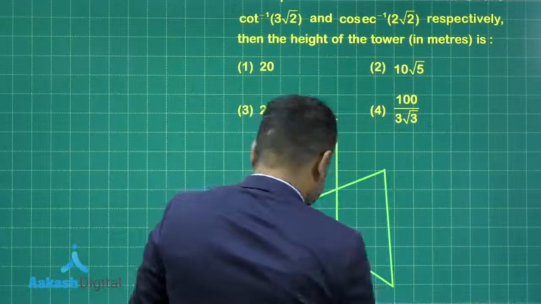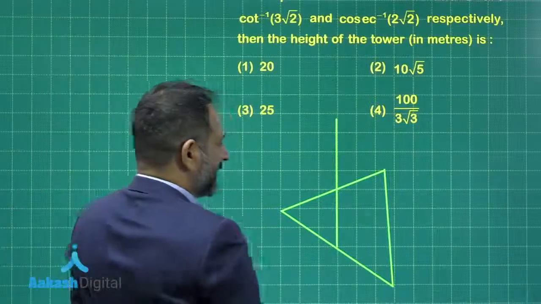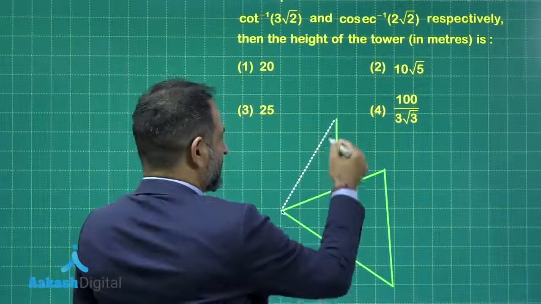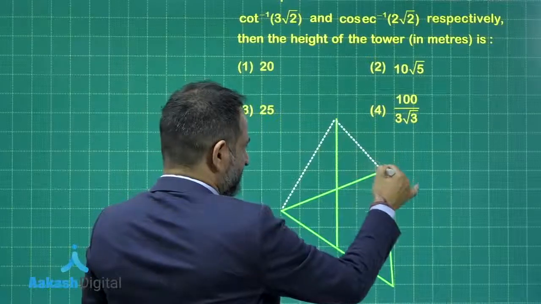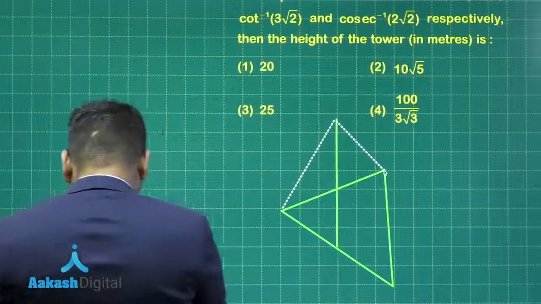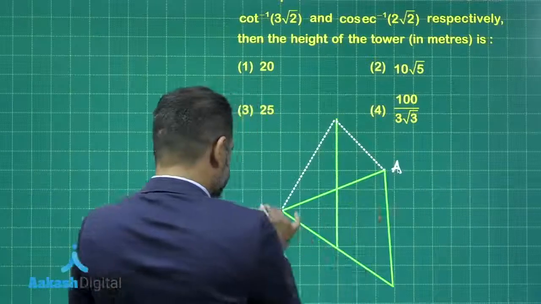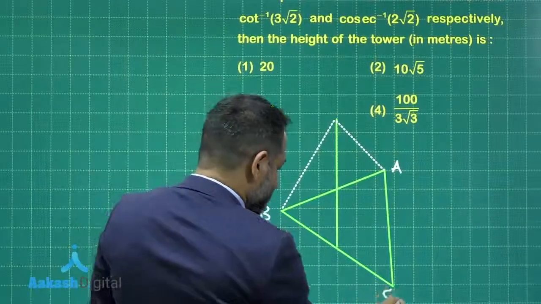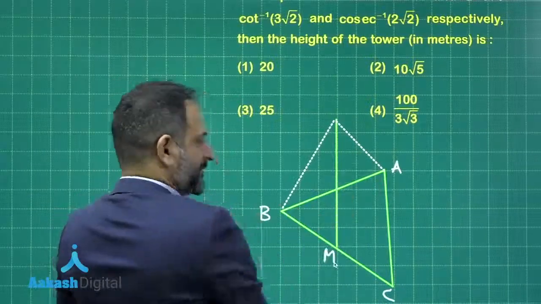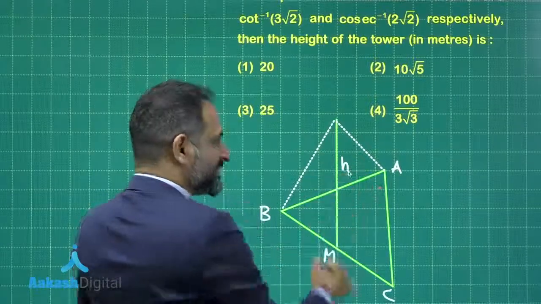Now, again let us see the angle of elevation at A and at B. So, this is at A and this is at B. What is given to us here is this is A, this is B and this is C, this is M, this is 100, this is 100 as well. Now, we are assuming the height of the tower as h.